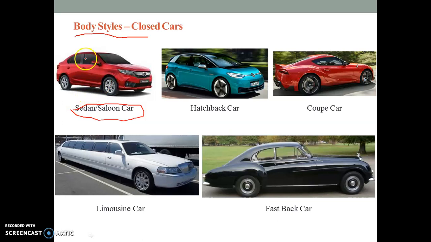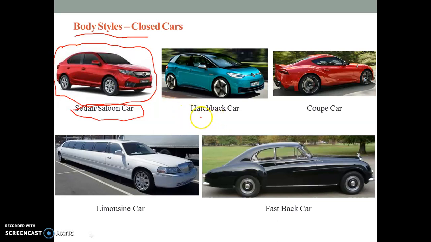In day-to-day life we observe these sedan cars moving on the roads. There is separate luggage space usually at the rear. The term saloon is a British word and sedan is used in the USA.